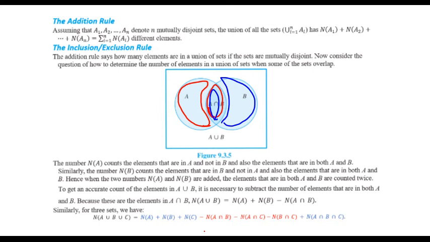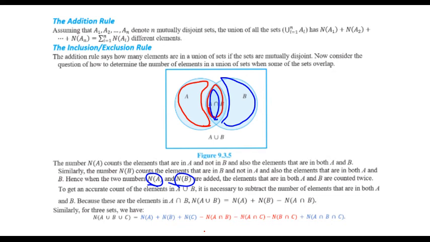So if we add n of A and n of B, what happens is that we count the elements in this region and in this region once, but we count the number of elements in the intersection of A and B twice, correct?